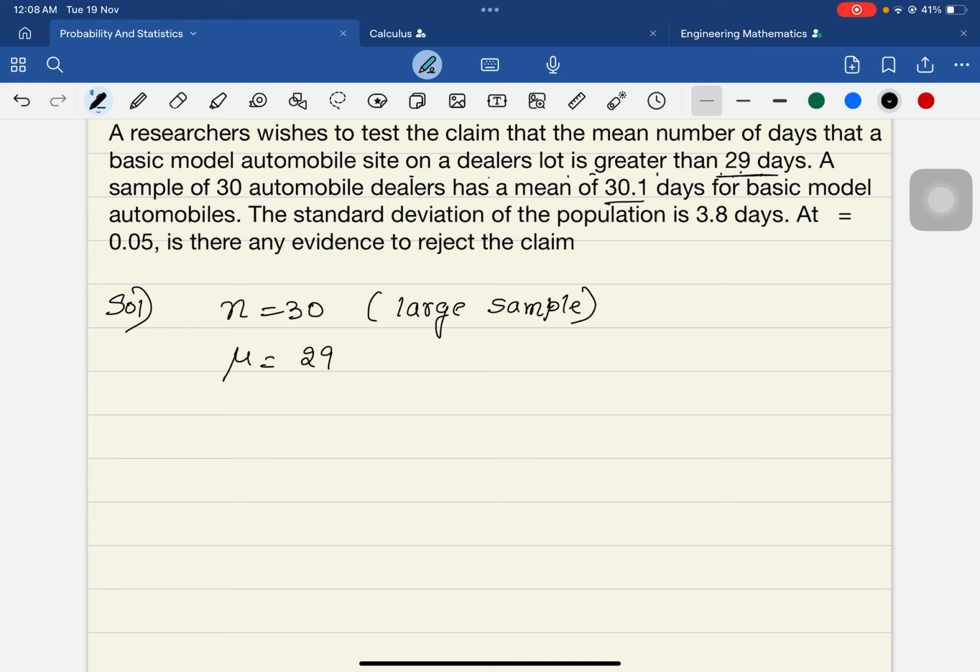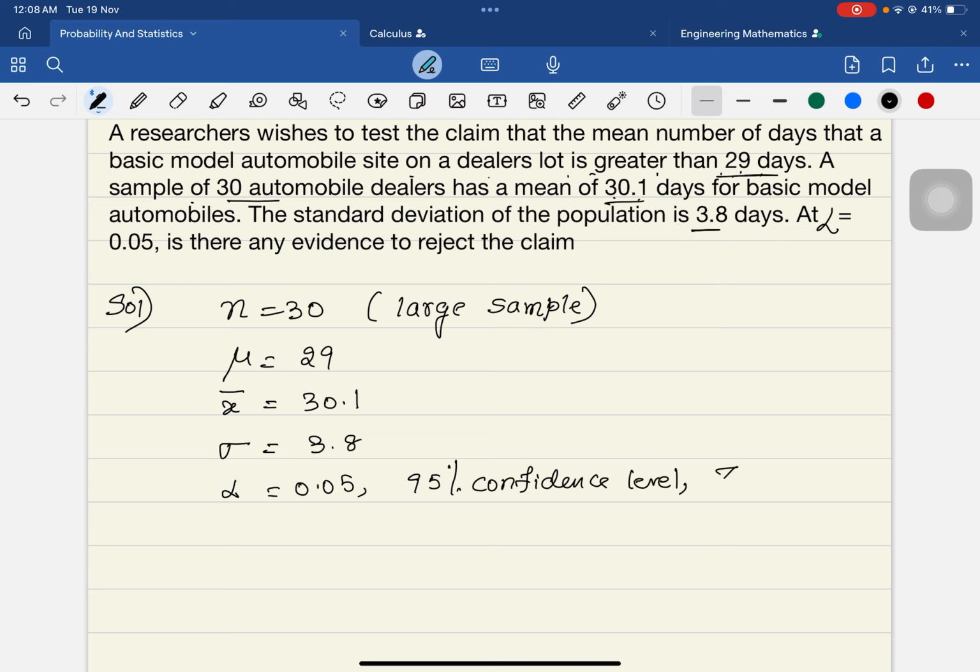The sample of 30 automobile dealers has a mean, so the sample mean x bar is given as 30.1. And the standard deviation of the population, that means sigma, is known, which is 3.8. Now at alpha equal to 0.05, that is 95% confidence level. When it is 95% confidence level, what is its z alpha value?